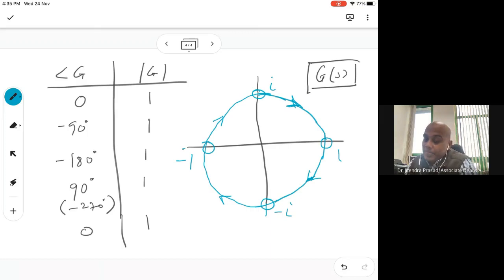Now, this is right now exactly passing through -1. So what is the stability? What is the Nyquist stability criterion?